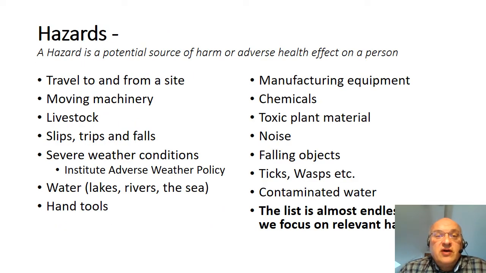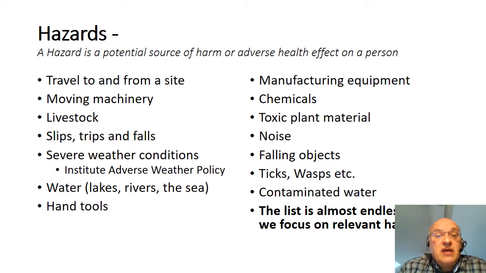The hazards we can come across on field trips are obviously manifold. I have a small list here, but it's not an exhaustive list. But for example, starting with the travel to and from a site, maybe in an institute organized bus, there's definitely a hazard getting in and out of the bus safely, whether the bus is parked in a safe place when students are trying to get in and out.